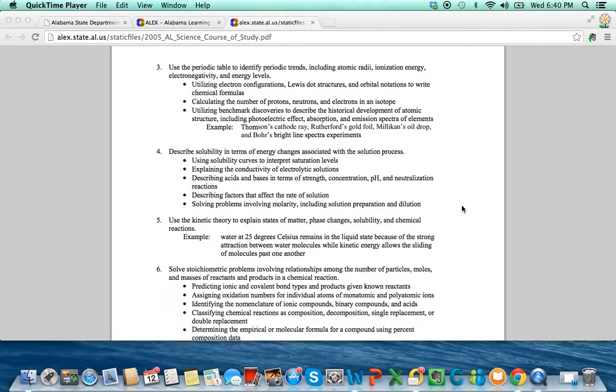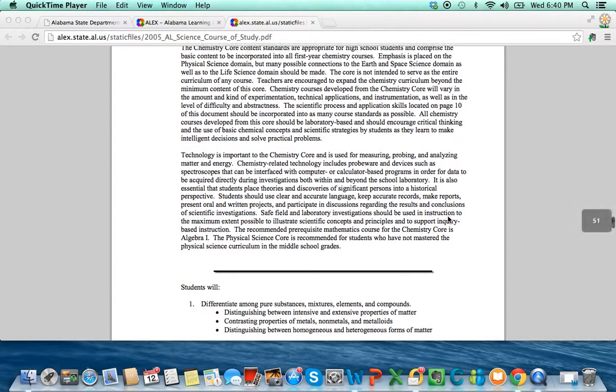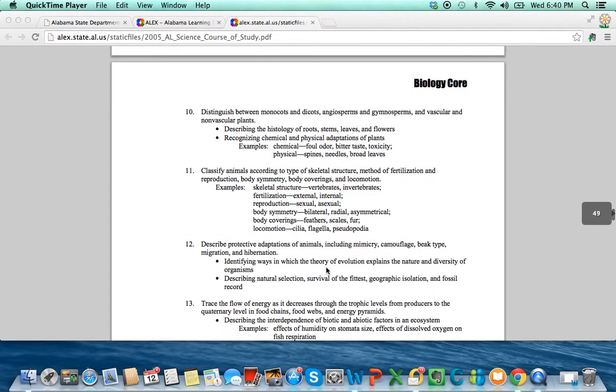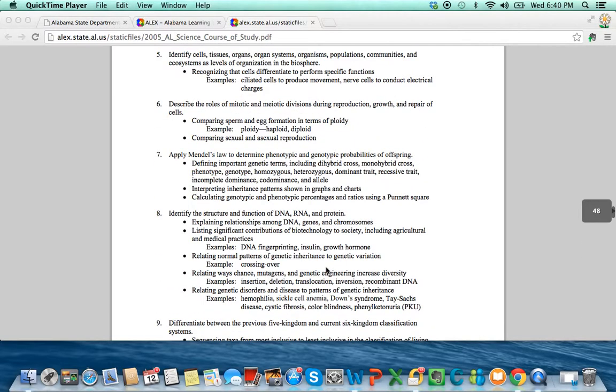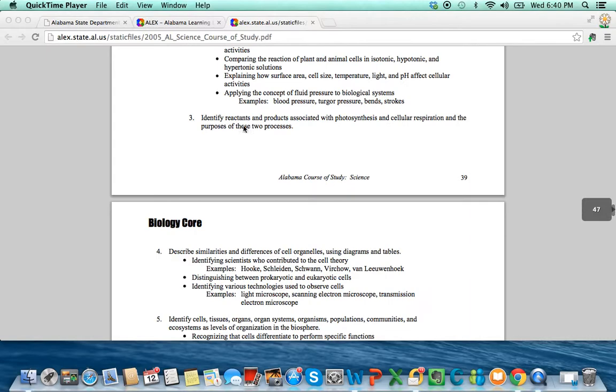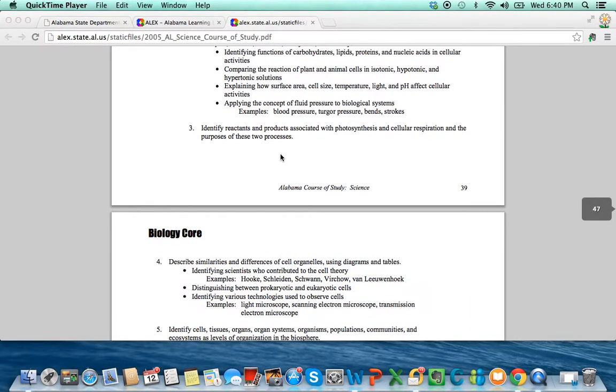Please remember that one of these standards is not a one-day lesson. As a matter of fact, there are some of these standards. For example, let me just go back to biology. That's the course of study I know best. Number 3, identify reactants and products associated with photosynthesis and cellular respiration and the purposes of these two processes.